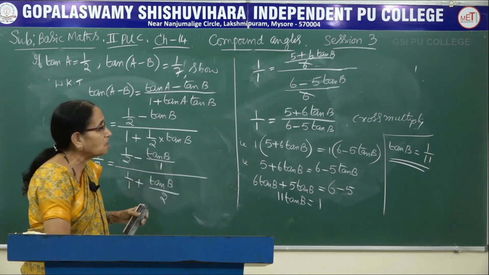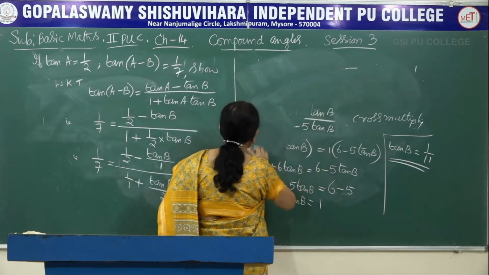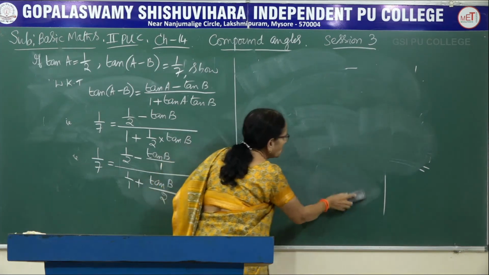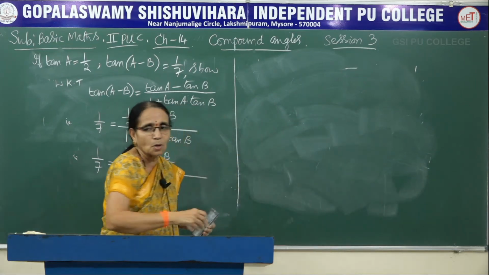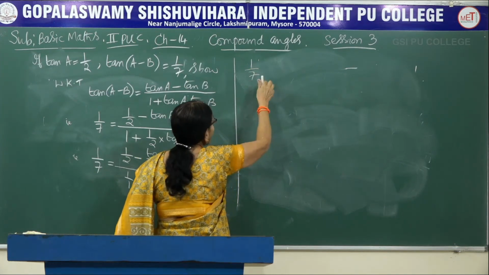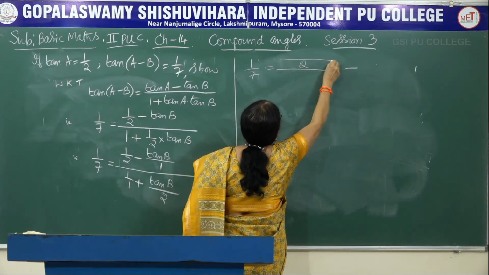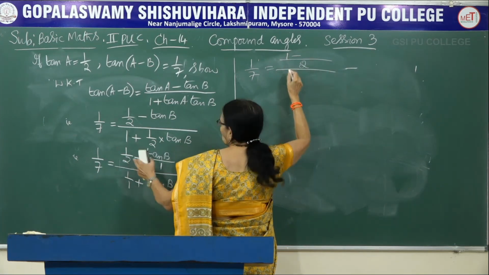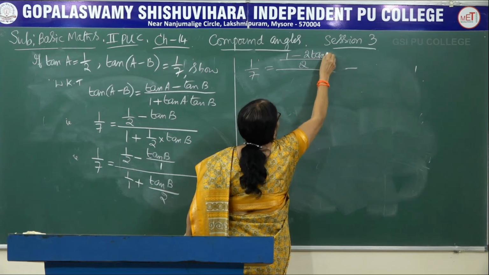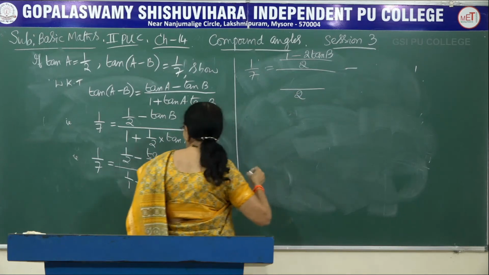What are all the denominators and how to find the LCM. Look at both the numerator and denominator on the right hand side. We clearly see that for 1 and 2 and 2 and 1, the LCM would be just 2. Therefore, take the LCM. That is 1 by 7 is equal to numerator, the LCM is 2. Now it is 1 twos are 2... 2 ones are 2, 1 ones are 1 minus 2 times tan B. Similarly, for the denominator also 2 is the LCM.